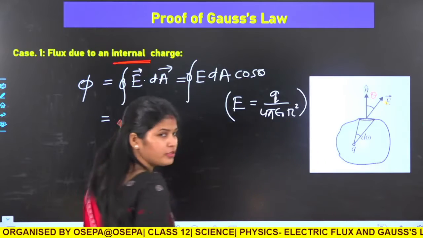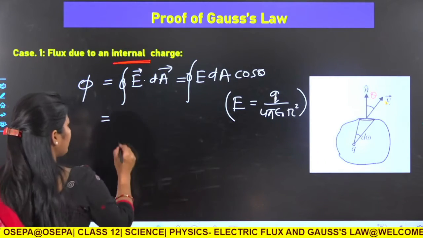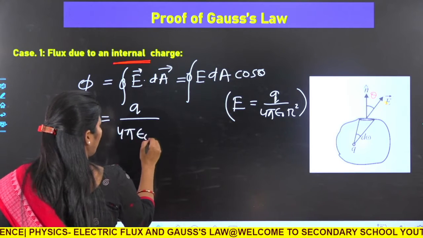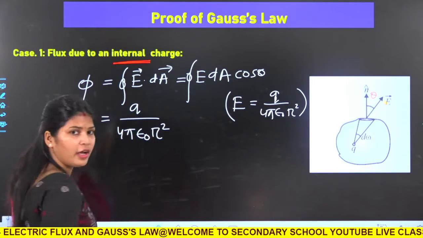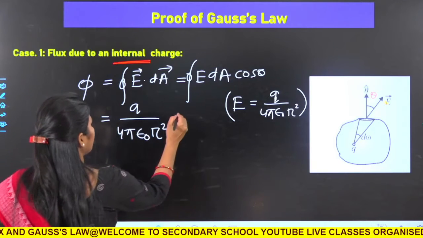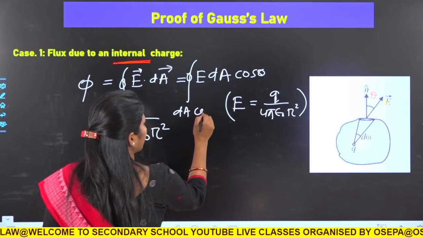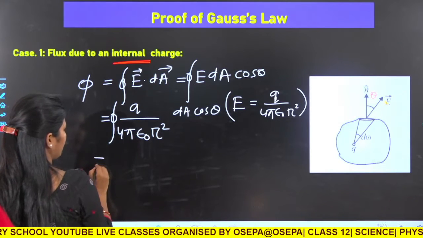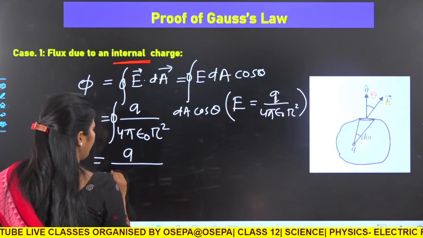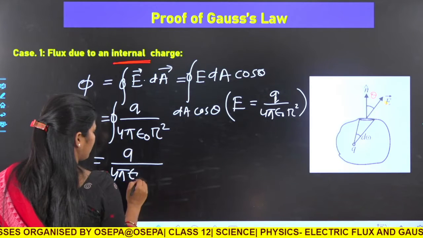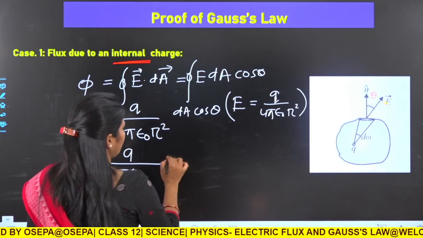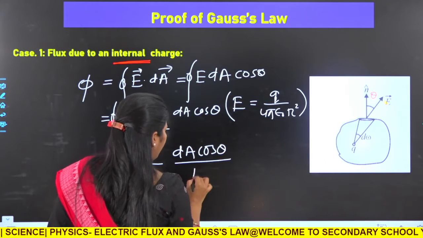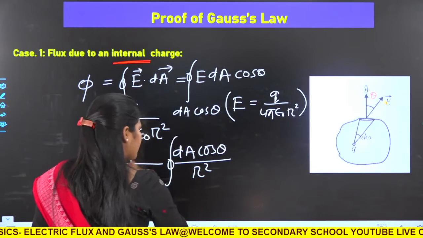We know Coulomb's law. Okay, it is equal to Q by 4 pi epsilon naught r square, dA cos theta, closed integral. That is Q by 4 pi epsilon naught, a constant, times the integration of dA cos theta by r square.